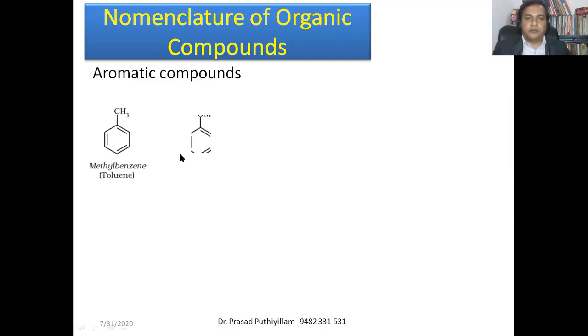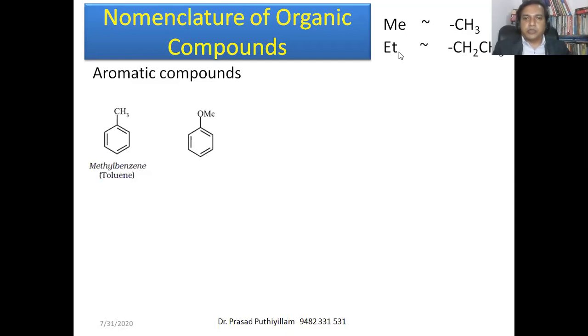Next example. A benzene ring is there, O is there, Me is there. What is Me? Me is the methyl group. At the top it is mentioned: Me is the representation of CH3. Instead of writing CH3, you can even write Me.